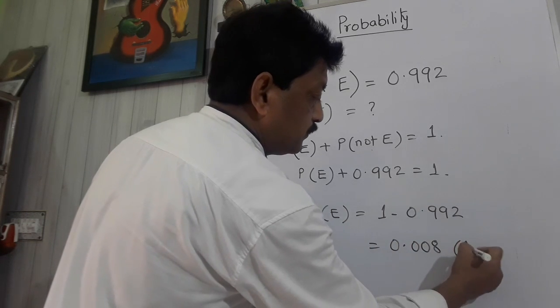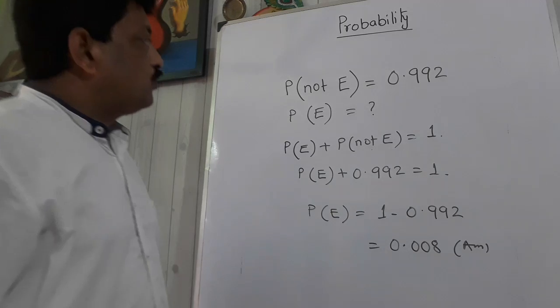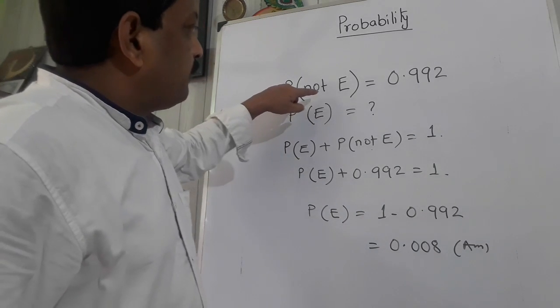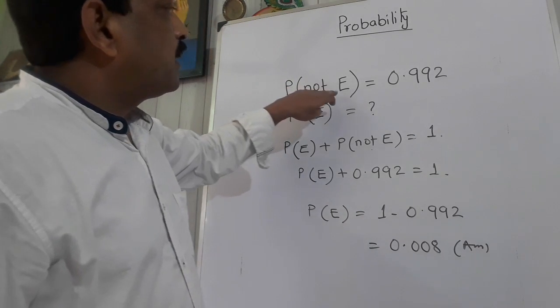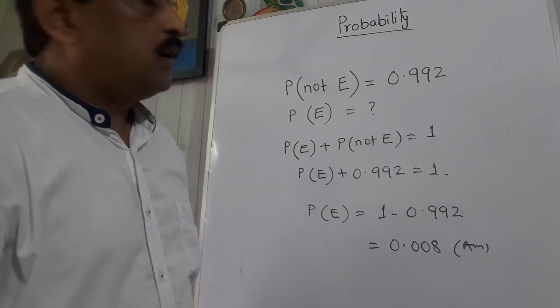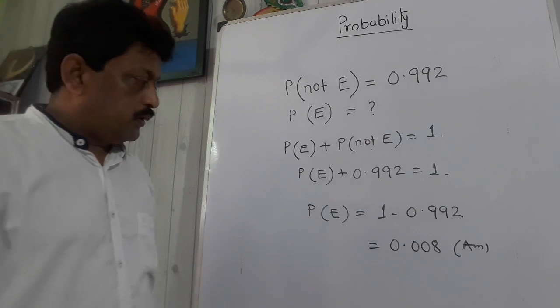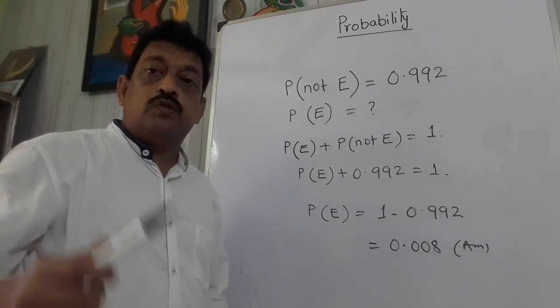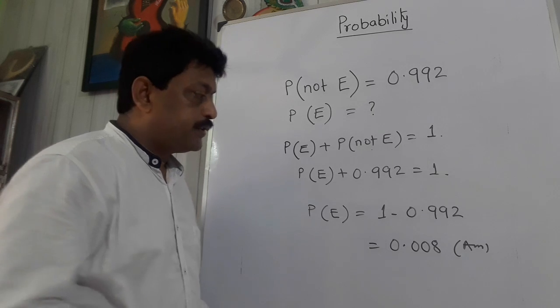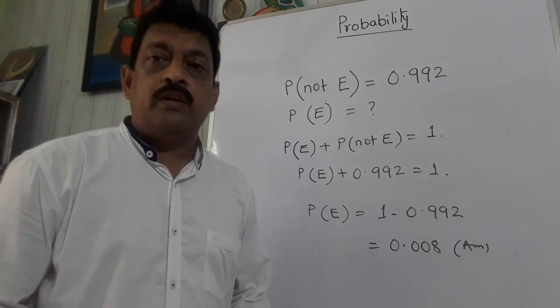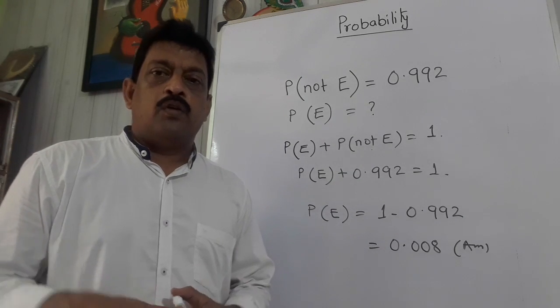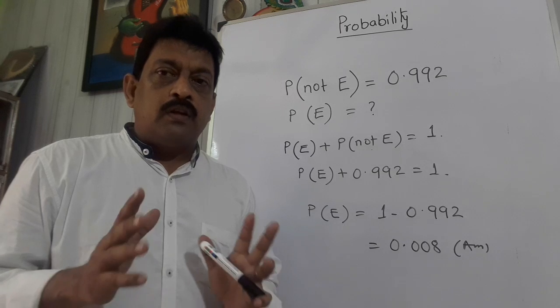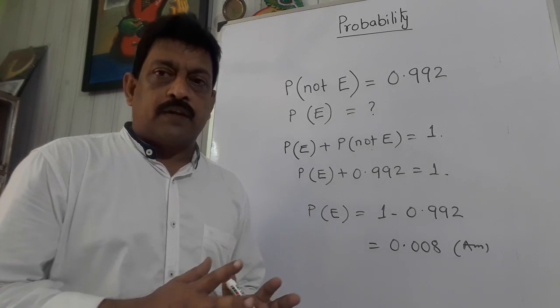That is the answer. So if the probability of two students not having the same birthday is 0.992, then the probability of two students having the same birthday is 0.008.